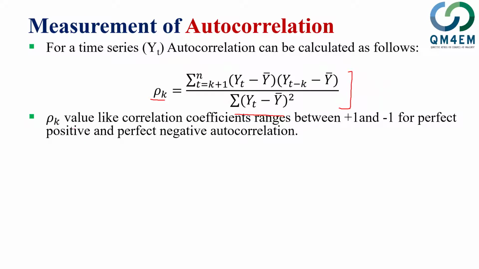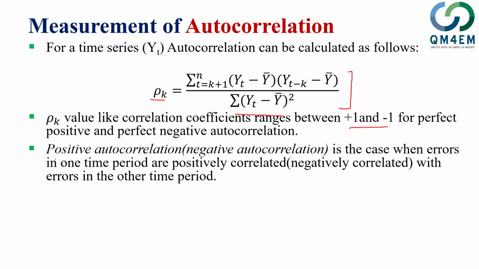The rho k value, like the correlation coefficient, ranges between +1 and -1 for perfect positive and perfect negative autocorrelation. Now this is important. The correlation coefficient and autocorrelation coefficient have the same interpretation. Both have a range of +1 to -1, and a 0 value represents no correlation or autocorrelation. +1 refers to a perfect positive and -1 to a perfect negative correlation and autocorrelation.